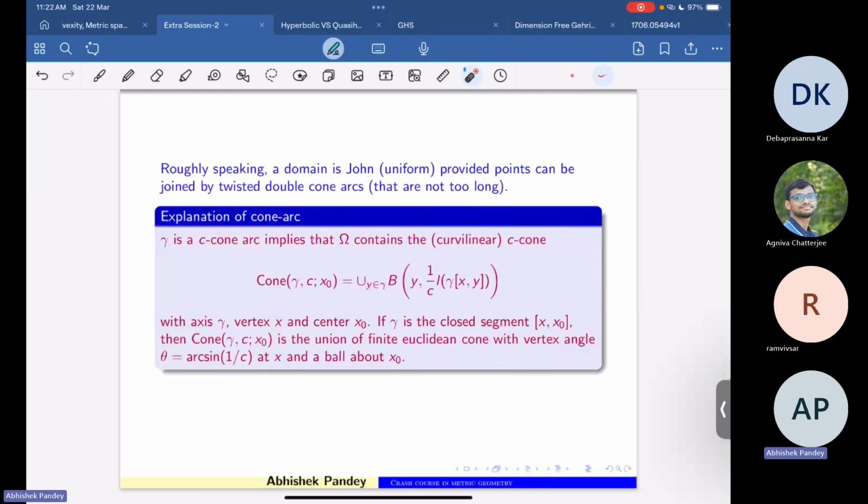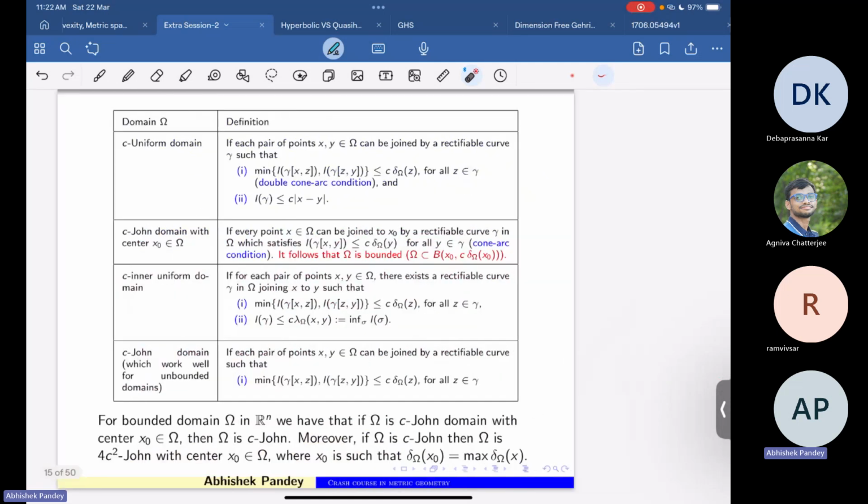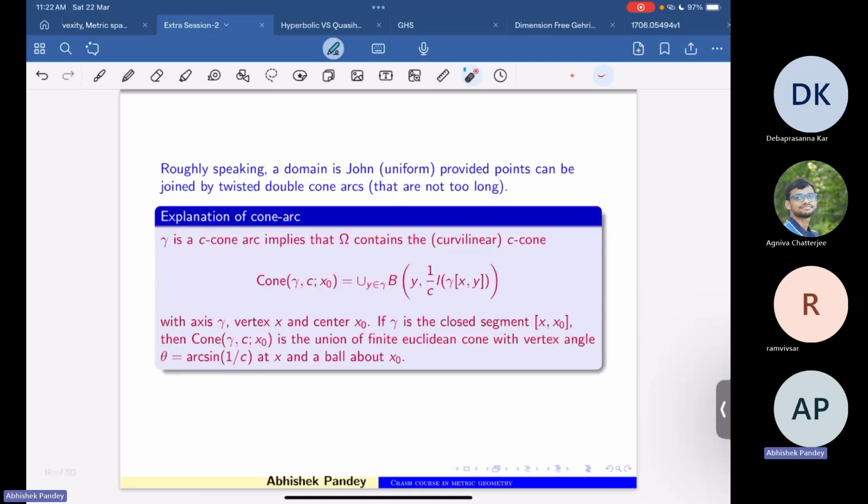Okay, so this is just an explanation of the cone condition. So basically, what does it mean to have this one? It means that between any two points, we can fit a curvilinear cone inside the domain, whose axis will be the γ, vertex at x, and center at x0. So the fatness will be at the center.